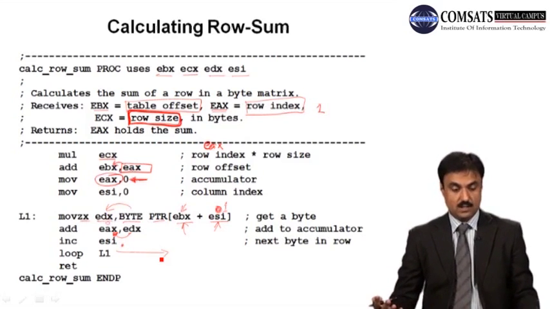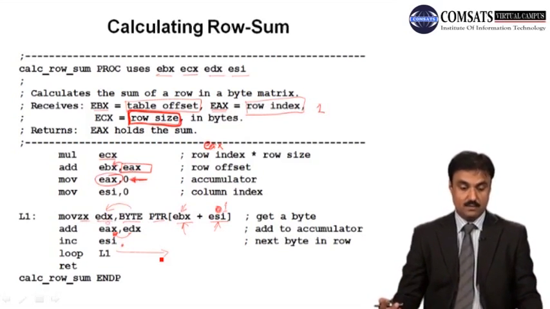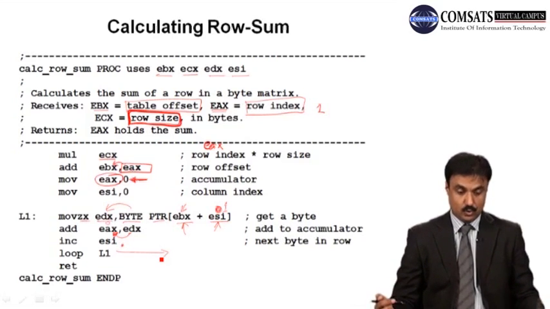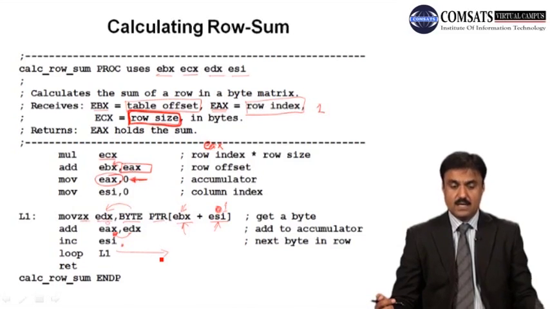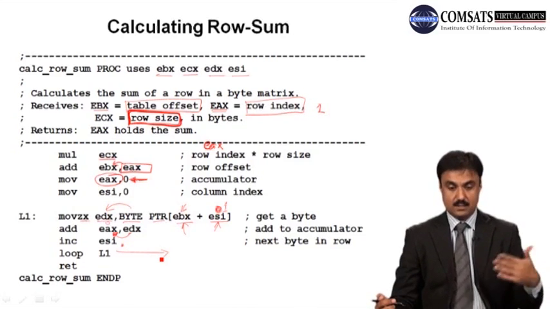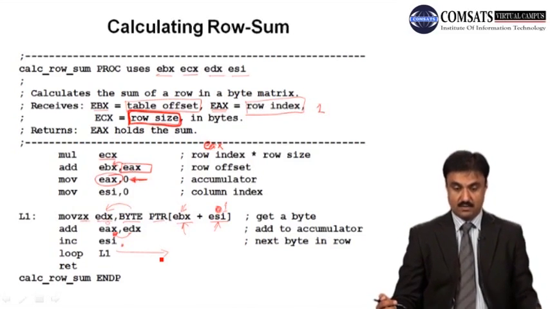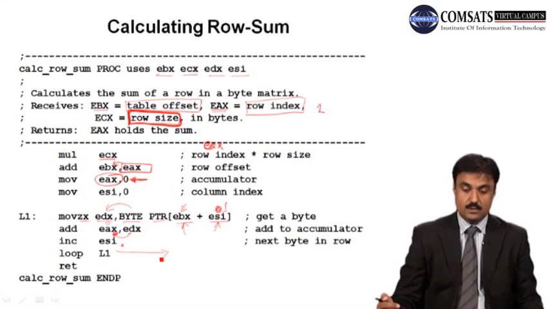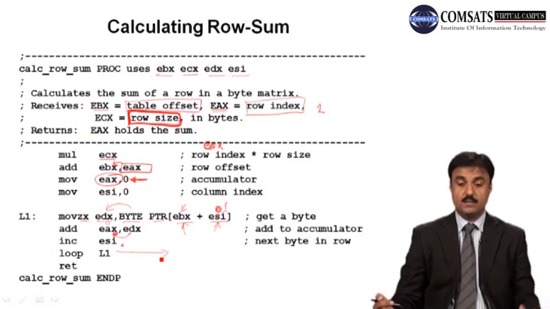So you can have a condition that will loop to L1 to terminate this whole loop. ESI will continue until the number of bytes you want to access. So this is one way you can calculate the sum of all the rows.